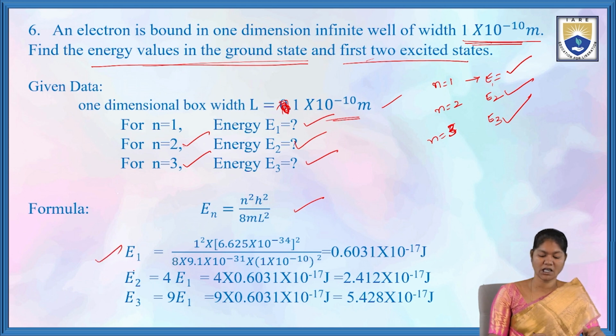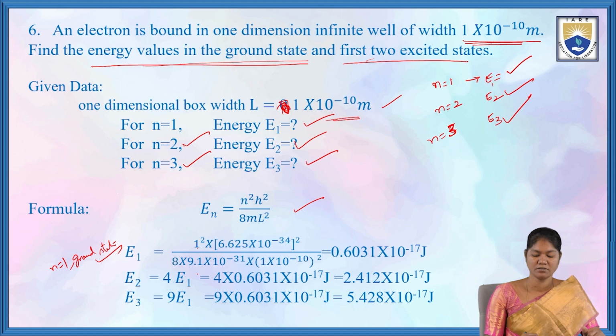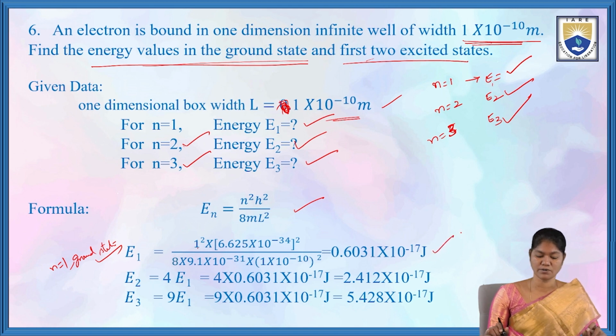So substituting, E1 is equal to n square is 1. So 1 square, this is for ground state, that is at n is equal to 1, divided by 8 into 9.1 into 10 power minus 31 into 1 into 10 power minus 10 whole square, which is equal to 0.6031 into 10 power minus 17 joules.